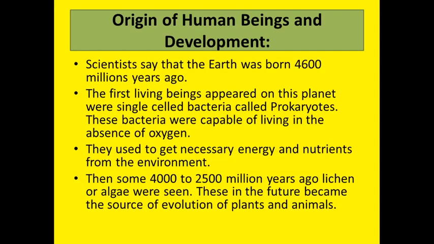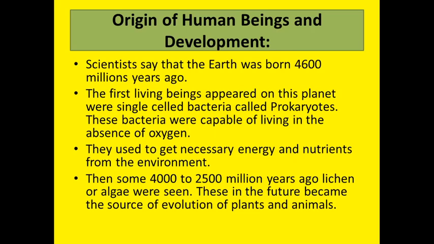Next, we go to the origin of human beings and development. Scientists say that the earth was born 4,600 million years ago. The first living beings that appeared on this planet were single-celled bacteria called prokaryotes.